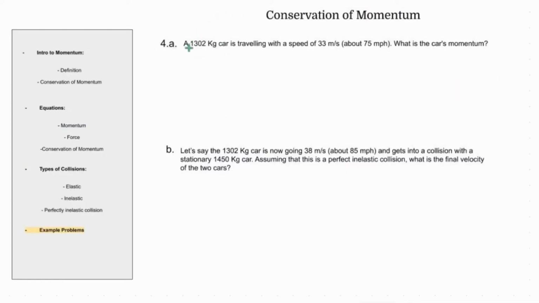It says we have a 1,302 kilogram car traveling with a speed of 33 meters per second, which is about 75 miles per hour. What is the car's momentum? Well, we know momentum is equal to mass times velocity. And since we're given the mass of the car as well as the velocity of the car, we just plug it in and solve for momentum.